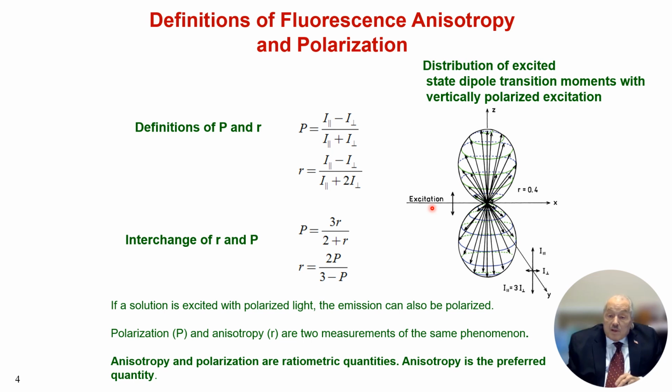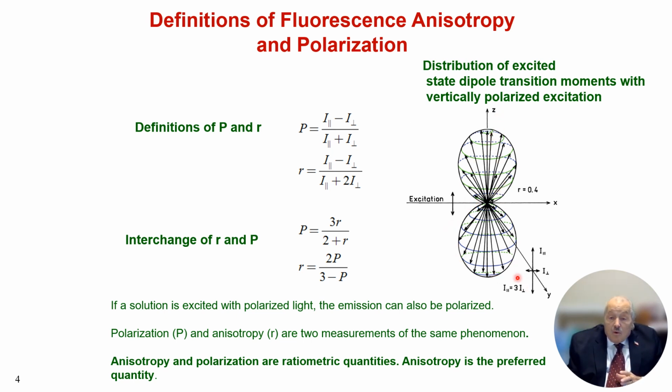But when you excite the sample, we're now talking about a molecule like DPH with parallel transition moments, you cannot get a perfectly aligned sample. You get a distribution of angles symmetrical around the z-axis, and these we'll see in a moment follow a cosine squared distribution.